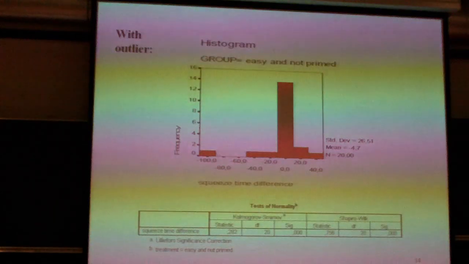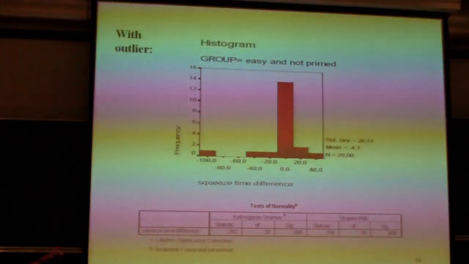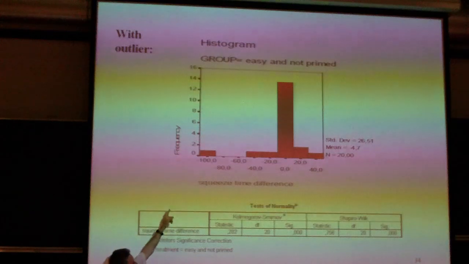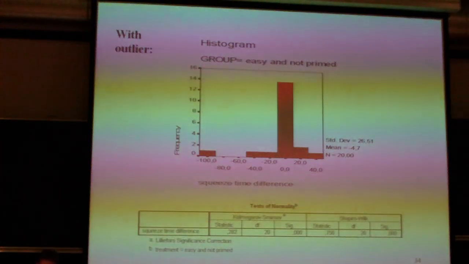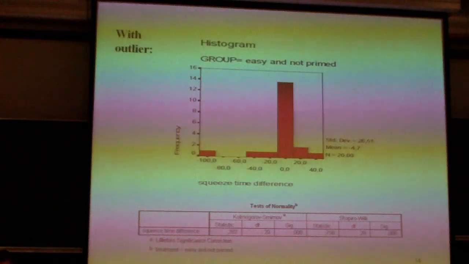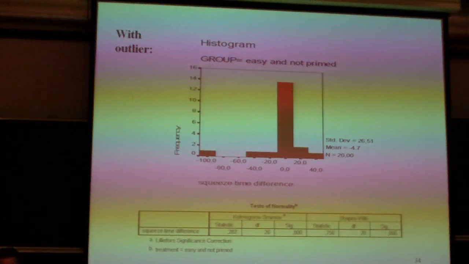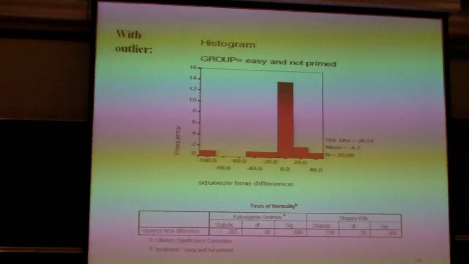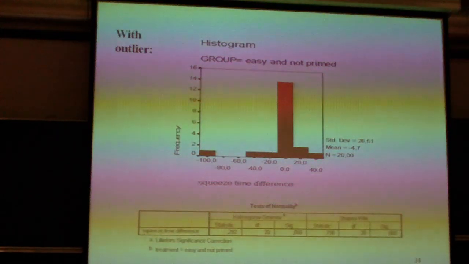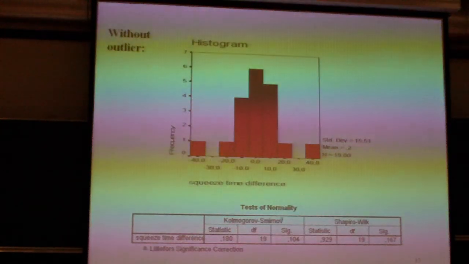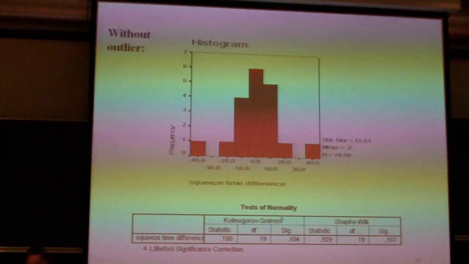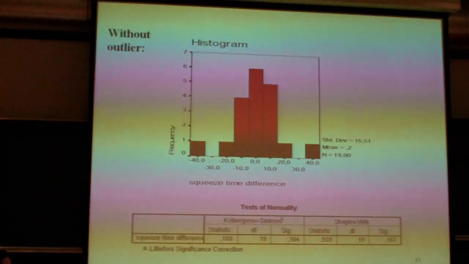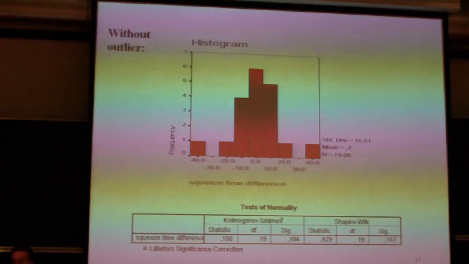So here we have the original distribution, including the outlier to the left. You can see it looks fairly abnormal, and the tests of normality indicate a violation of normality. Now, with this single person taken out, it becomes a distribution like this. And now, of course, it looks perfectly reasonable as coming from a normal distribution, and the normality tests do not indicate any problem either.